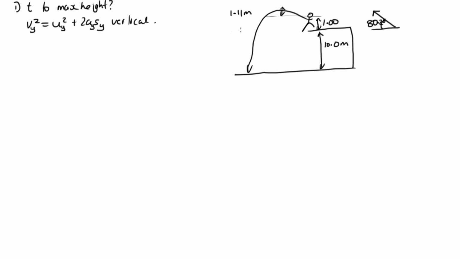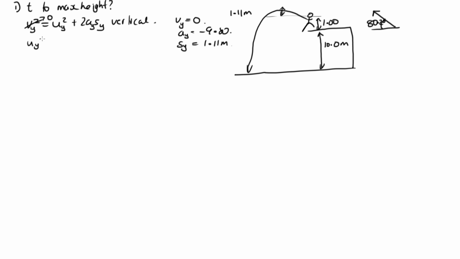Okay, so at the maximum height, we've got vy is equal to 0, and we can get the initial speed. Vertically, ay is equal to minus 9.80, and the height above the initial point is equal to 1.11 meters.